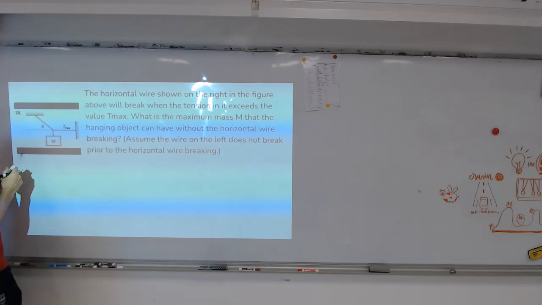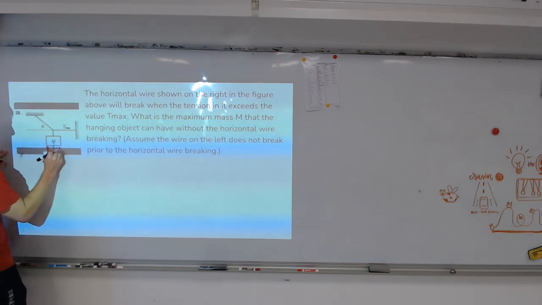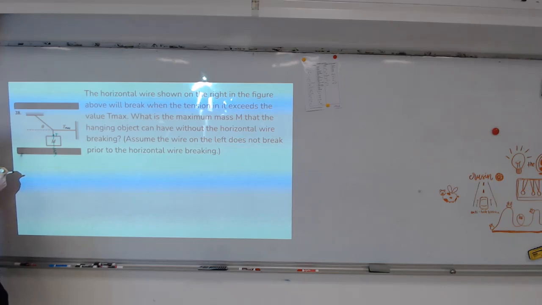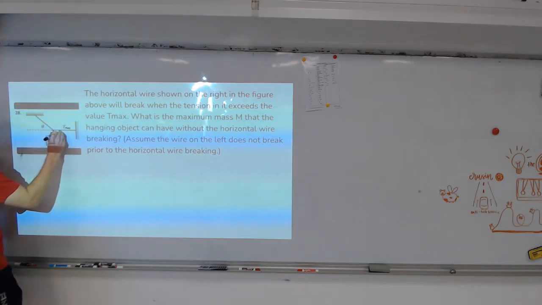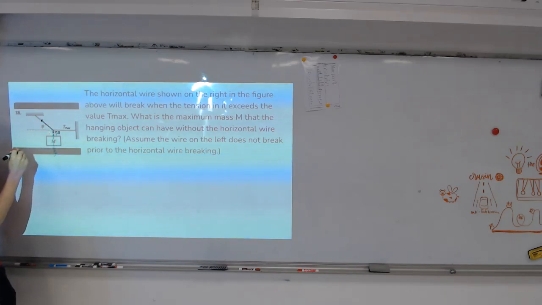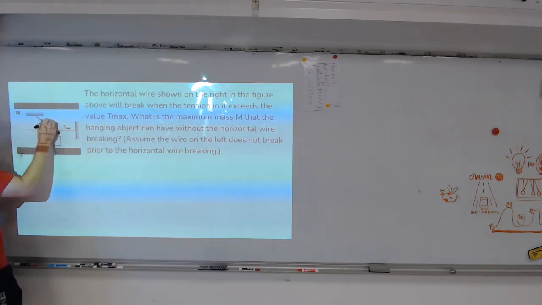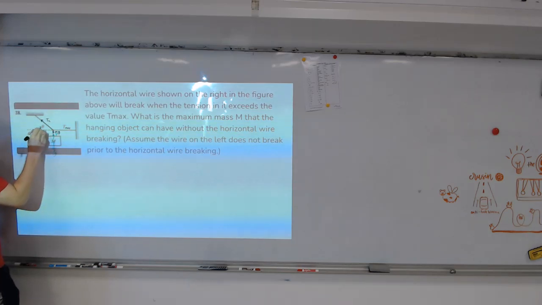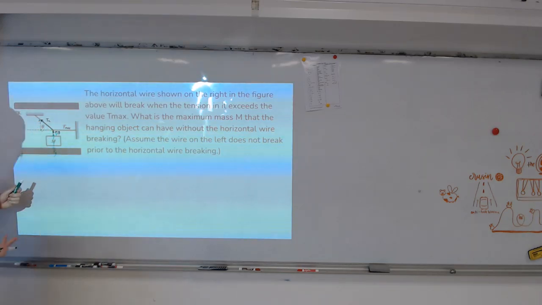That's nice because if that's at rest, then the force of gravity will be equal to the tension, which means the tension of this right here will be equal to mg. This is the other tension in the string, which we'll just call T2, and that one we're going to need to break up into its horizontal and vertical components.